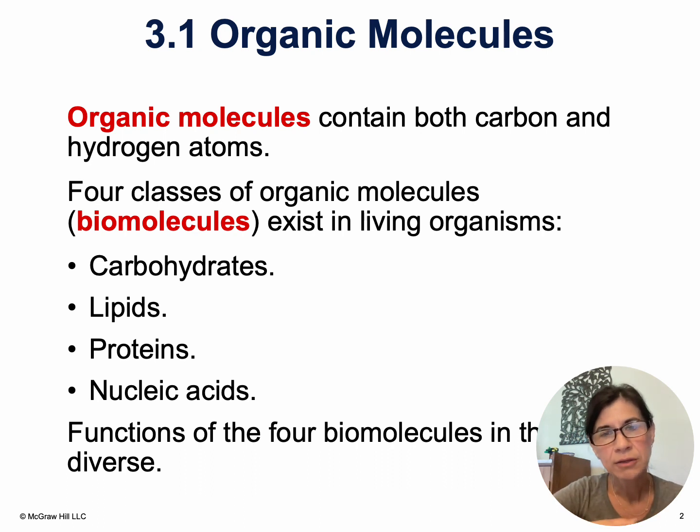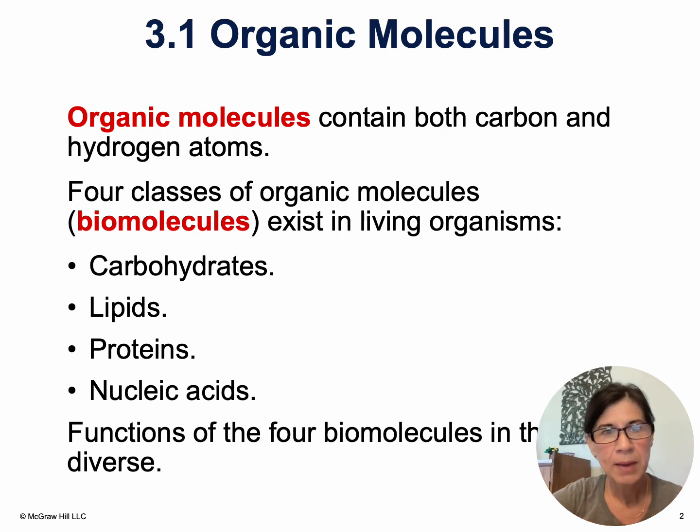But organic molecules are molecules that were made by a living organism, and they contain the elements carbon and hydrogen. They can also contain other elements, but they need to contain carbon and hydrogen. So for example, carbon dioxide is CO2. That contains carbon, but not hydrogen. So it wouldn't be referred to as an organic molecule, right? It's not part of a living thing. It's not part of its structure.